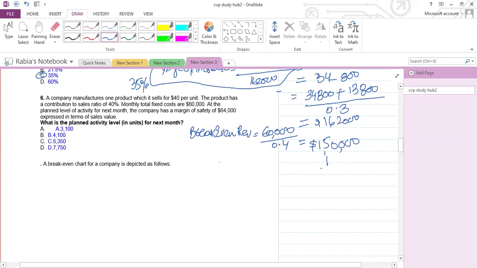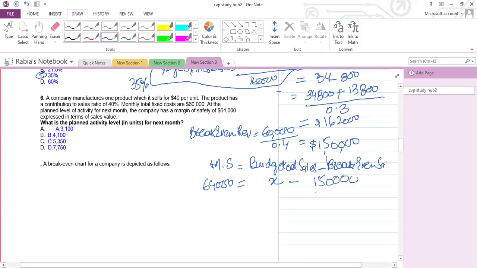Now, what is the formula for margin of safety? Margin of safety is equal to budgeted sales minus break-even sales. Margin of safety is given in the question, that is 64,000. Budgeted sales I have to find, and the break-even sales we have calculated, that is 1,50,000.